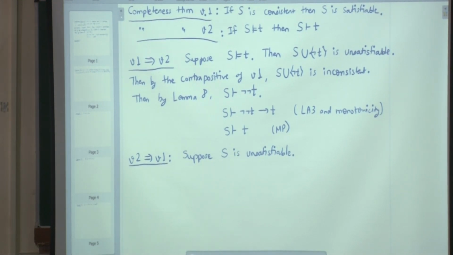Whenever there is a valuation which makes capital S true, then it should make T true. But there is nothing which makes capital S true. So therefore, by definition, T is a logical consequence of S for all T.